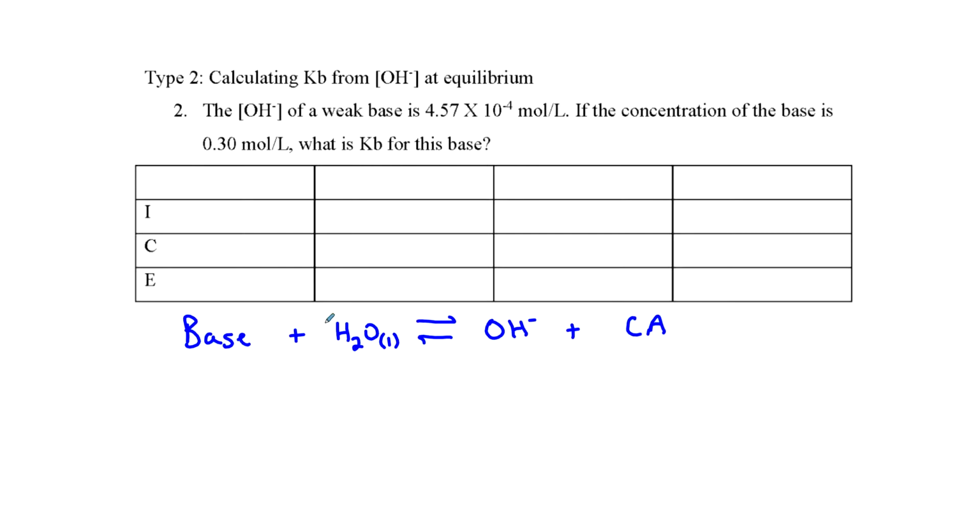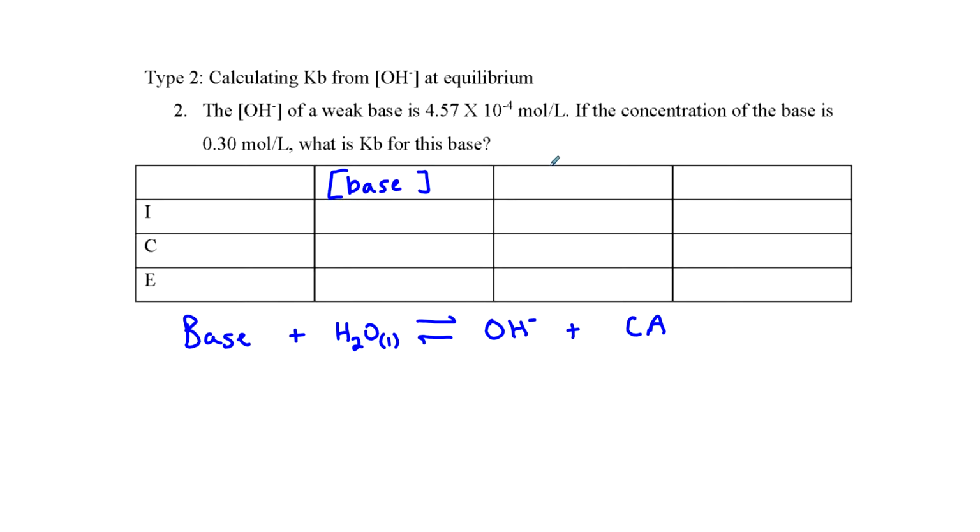The hydrogen, this is your acid in this case. The hydrogen from water pops over to the base. So you end up getting whatever this base is, the conjugate acid just has the base plus a hydrogen tacked on to it. Okay, so in our chart, I'm just going to put concentration of the base.